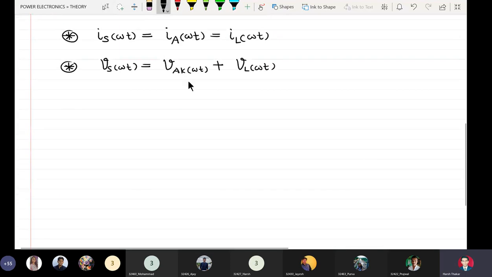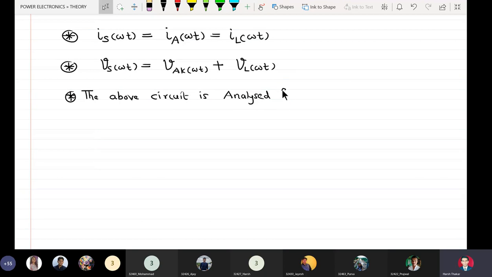So the above circuit is analyzed for one complete cycle of omega t.